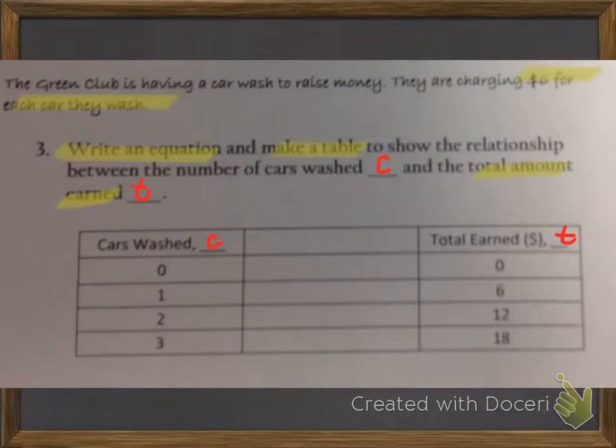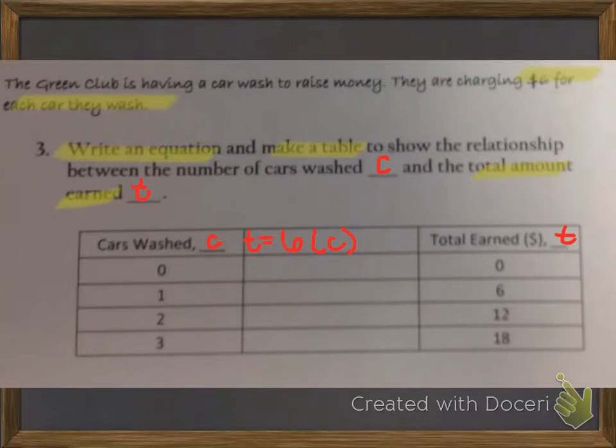So if we use our words, we could say that the total amount earned is 6 times the cars washed. So that means that the equation, or our rule I should say, is T equals 6C.